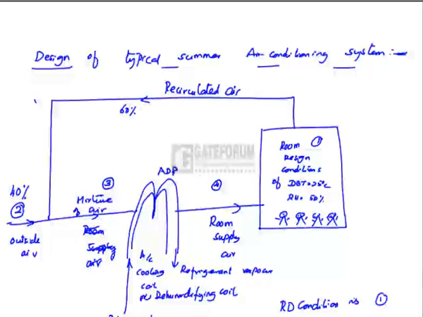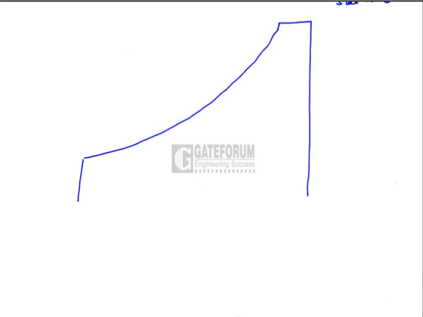The flow diagram is drawn. Now the corresponding psychrometric processes are shown on the psychrometric chart.